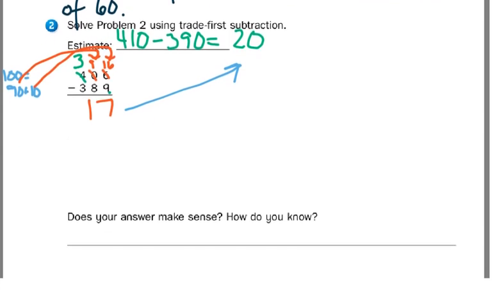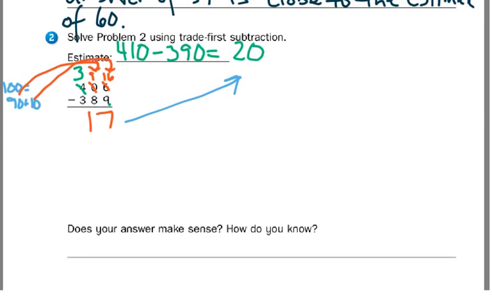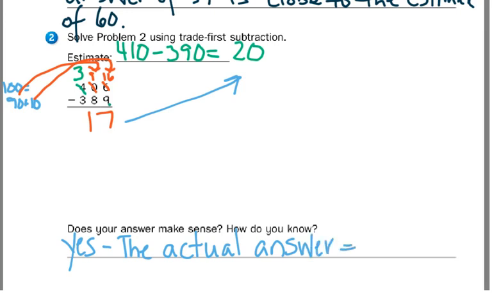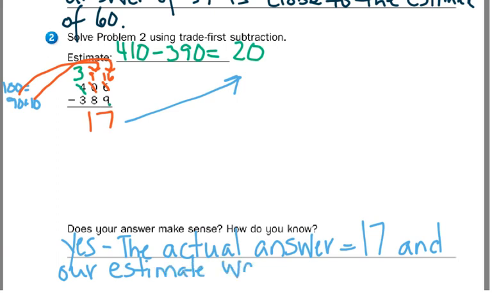All right, let me move this up. Does our answer make sense? Yes, it does. Because the actual answer equals 17, and our estimate was 20.